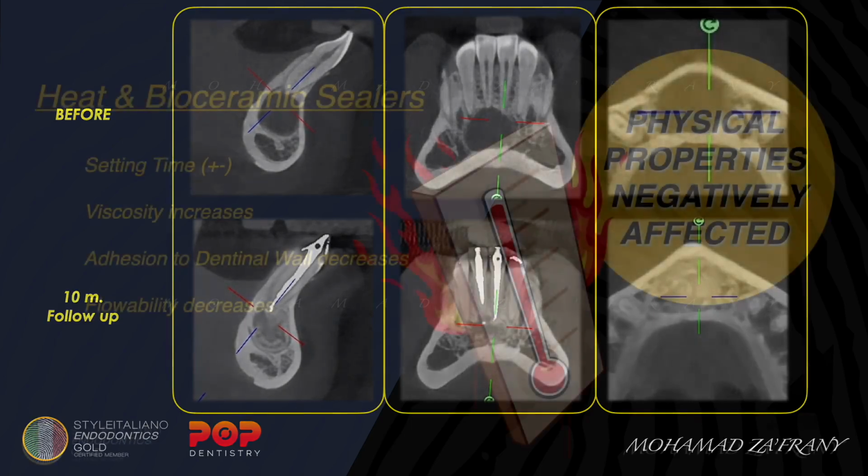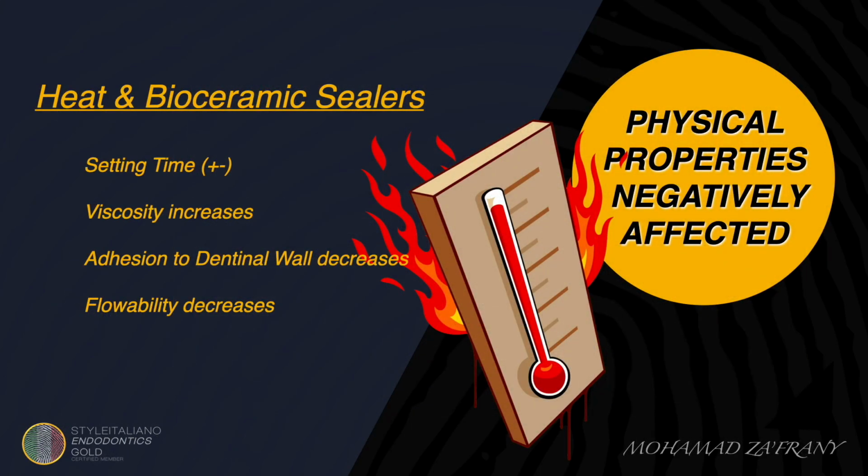What about bioceramic sealer and heat? Actually, we have a problem if we use the bioceramic sealer with heat, because physical properties will be affected. Change in setting time, usually a decrease. Change in viscosity. Also, decrease in adhesion to the dentinal wall and decreasing flowability of the sealer.